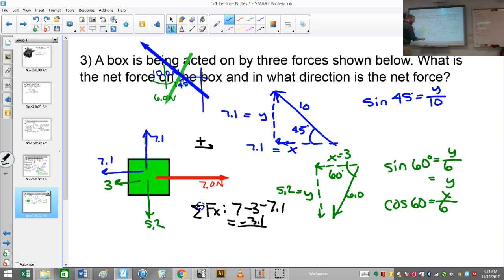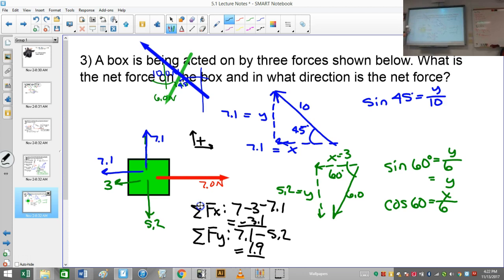That's an important number. Let's add up all the forces pulling up and down. So I'm going to say up is positive. 7.1 minus 5.2. And that comes out to be 1.9.